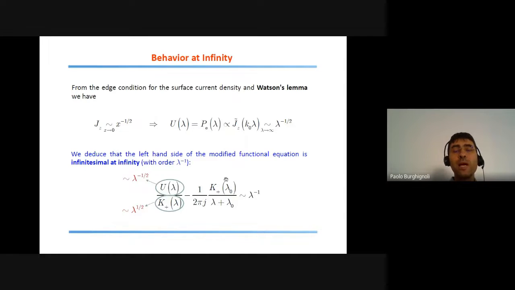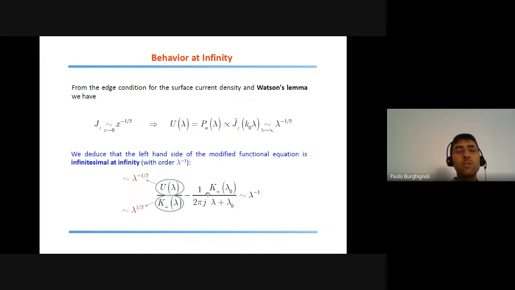So we may now examine, for example, the left-hand side of our functional equation, that is u divided by k plus minus the term containing the optical pole. U goes to infinity like lambda to minus 1/2. The same is true for k plus, which is the square root of 1 minus lambda, sorry. So it goes to infinity as lambda to plus 1/2.